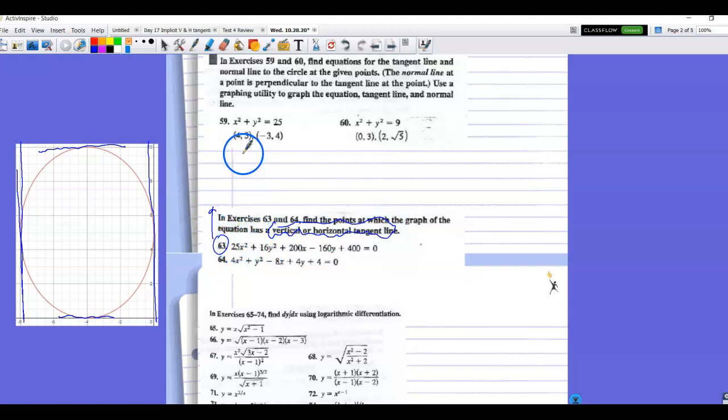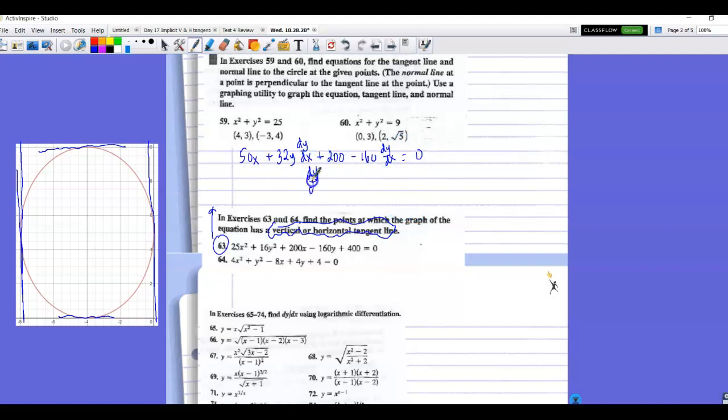Derivative of 25x squared is 50x, and the derivative of 16y squared is 32y, chain rule, dy dx, plus 200 minus 160, chain rule, dy dx. I'm taking the derivative of the y term. The derivative of 400 is 0, and that's equal to 0.